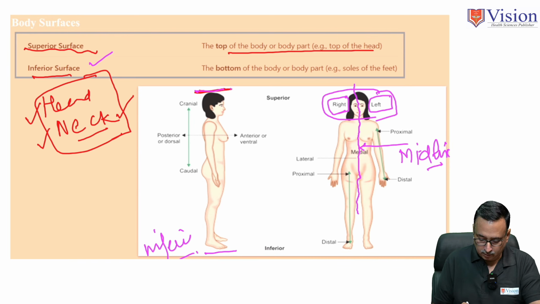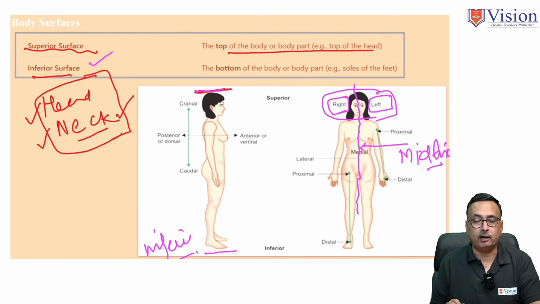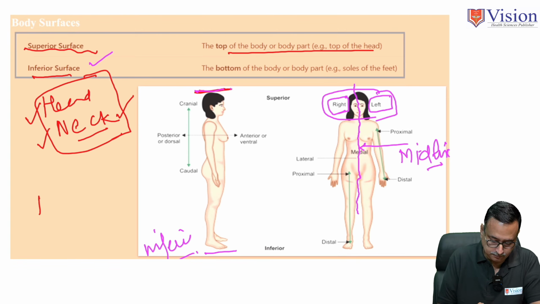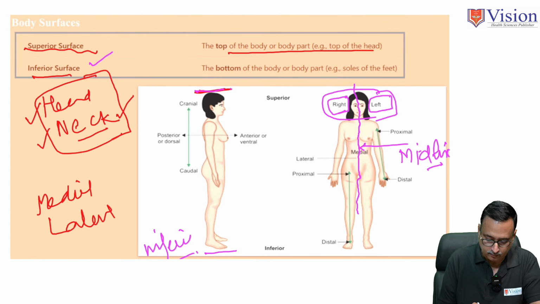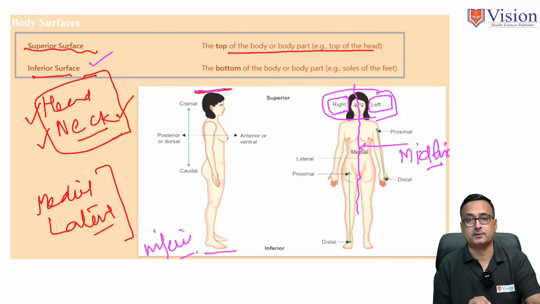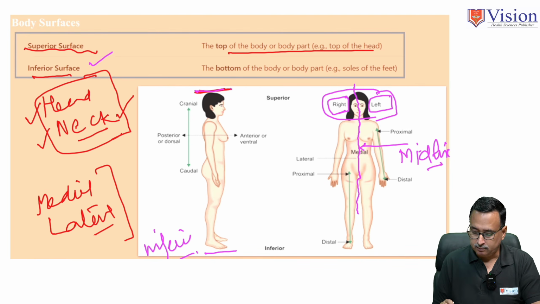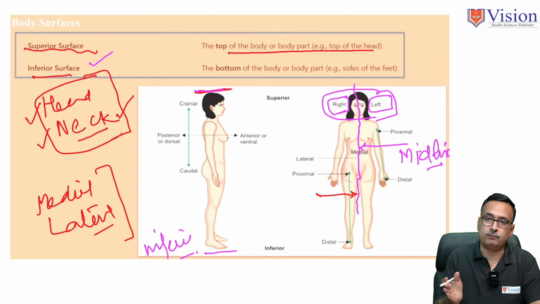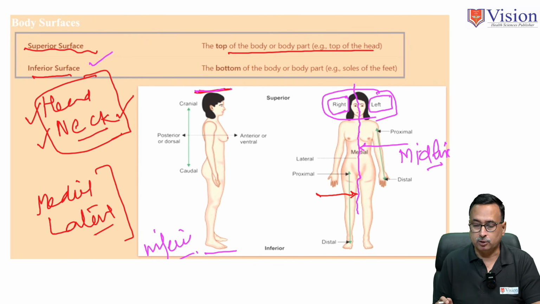So again, we have two surfaces. One is medial surface, another is the lateral surface. What is the relationship between two surfaces? Any body part which is closer to the midline is said to be on medial surface, and a body part which is away from the midline is said to be on lateral surface.